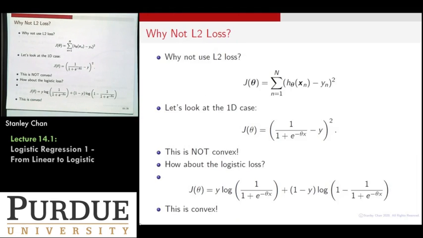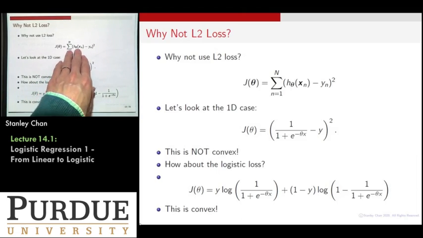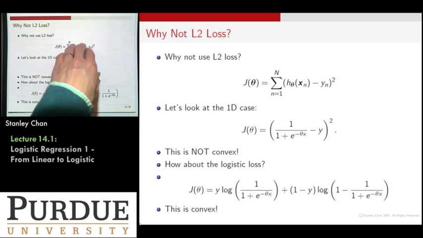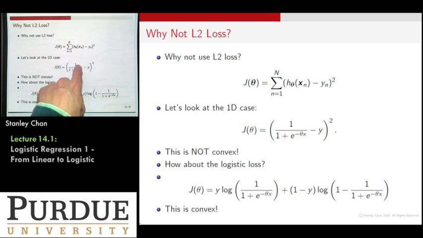So now we can ask a question: why not use L2 loss? It turns out that you're welcome to put the logistic function into this L2 loss, and then you're welcome to minimize this function. It's just that this function is not easy to minimize. Let me explain why. You put this logistic regression in the 1D case, you put this equation into this square term.